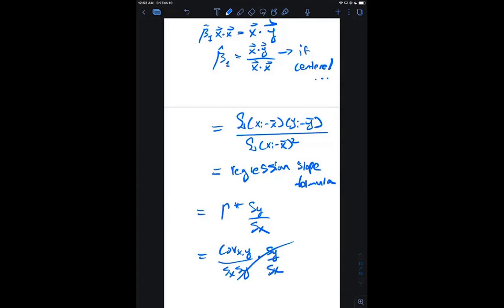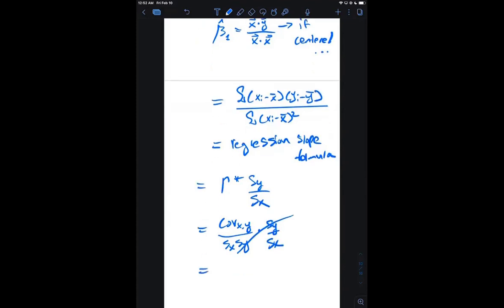So these cancel, and this is equal to the covariance of x and y over the variance of x, because note that the standard deviation of something squared is the variance. Okay, so that's a very cool property. And that gives us a really nice way to justify the reason that the regression slope in two variables is what it is.